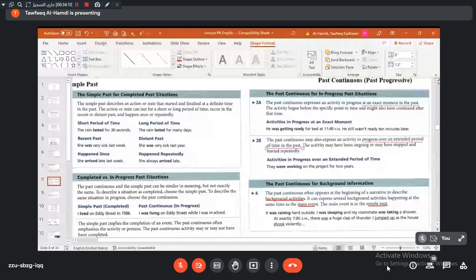Here you can see the form of how I can build a simple past sentence. I should use a subject followed by a verb in the past form, and there may be any additional information after the main verb.